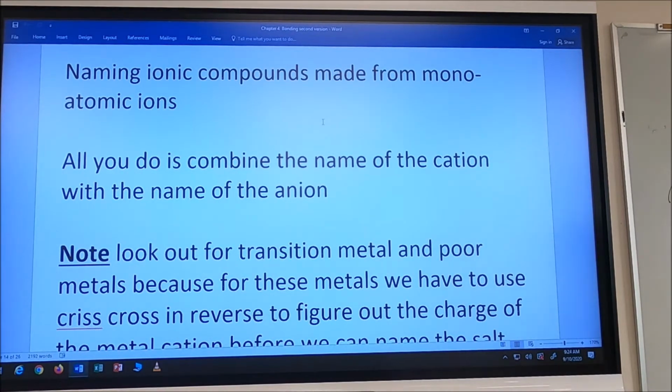Now, let's look at some compounds and let's look at naming them. So notice you have transition metals, poor metals, because these metals, well, let's just look at naming them. Let's start out with some simple things.